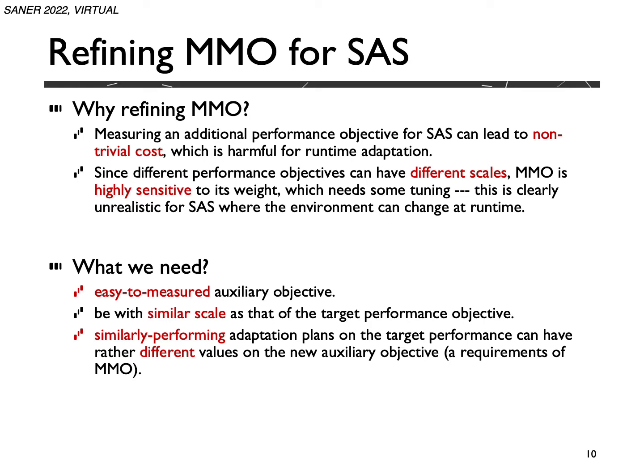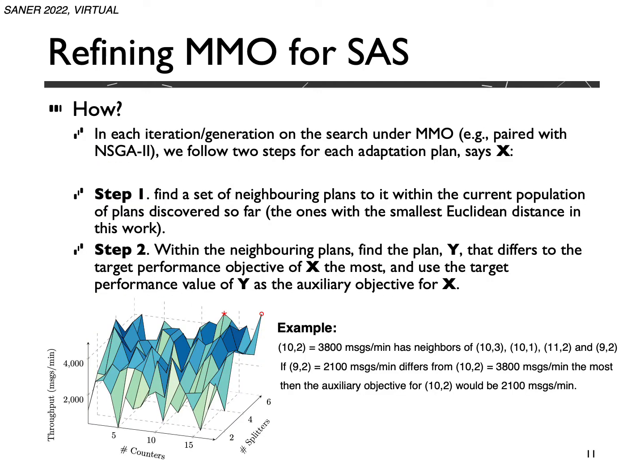So what we need is really a new auxiliary objective that is easy to measure with the same scale as the target performance objective, and most importantly, it allows similarly performing adaptation plans on the target to have very different values on the auxiliary objective. So how do we do that?